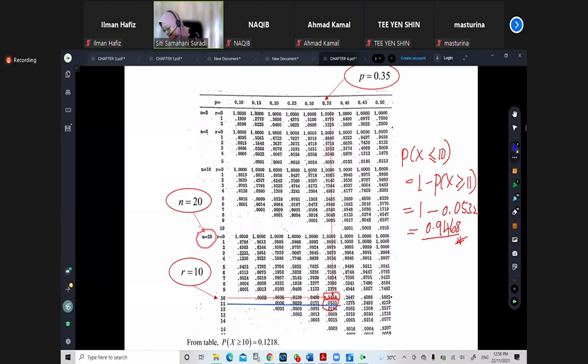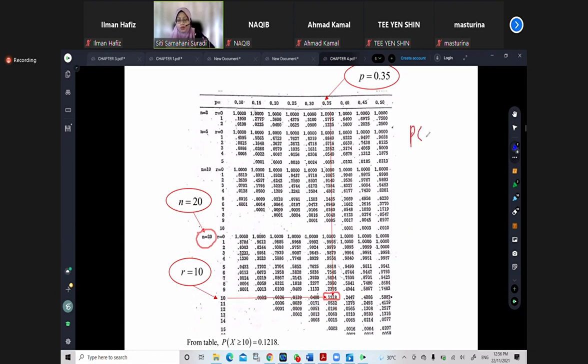The last one, I'll give an example, whichever one you want. Okay, let's say P(10 less than X less than or equal to 14). What expression do you need to apply?